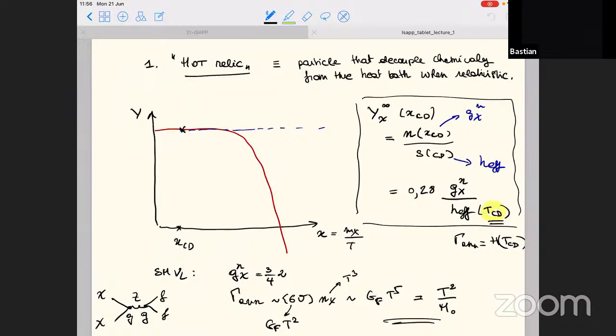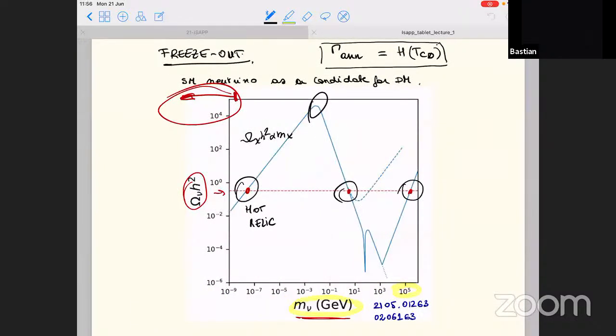So what is the condition that must occur in order to determine this maximum value for the mass of the neutrino? Because in the plot that you show, the relic abundance in terms of the mass, you have this maximum. But my question is, what determines that point?